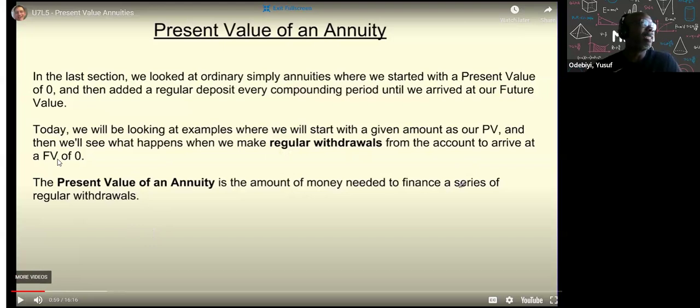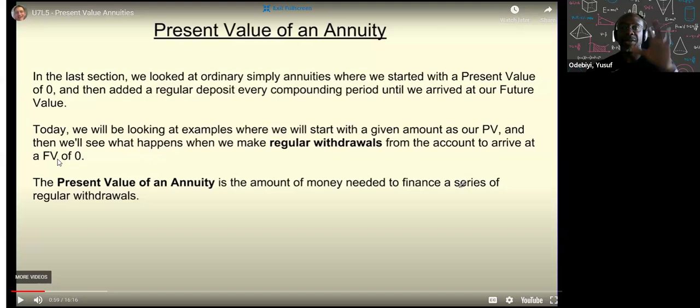So an example would be my retirement example. If I have, say, $1 million in my account, and I want to use all of that money in 25 years, what regular payments need to come out to support my lifestyle in order for it to last?